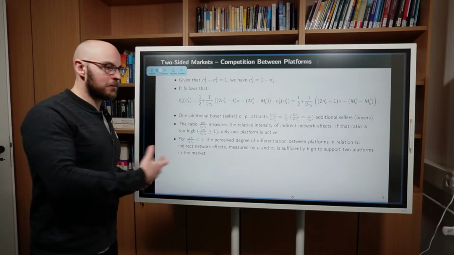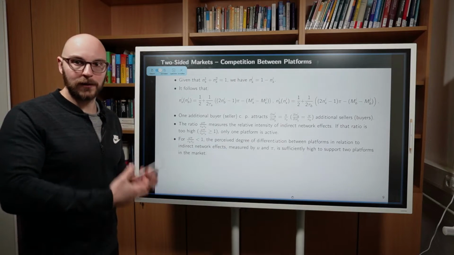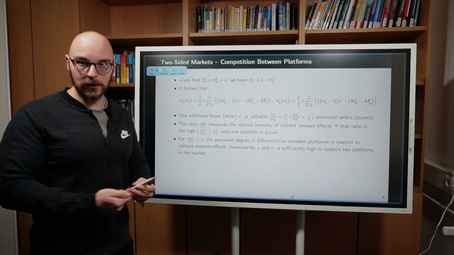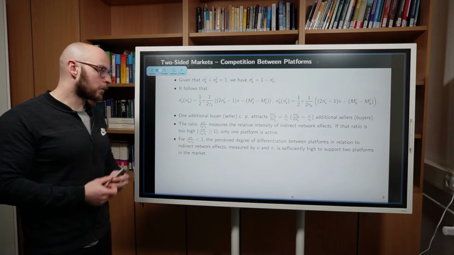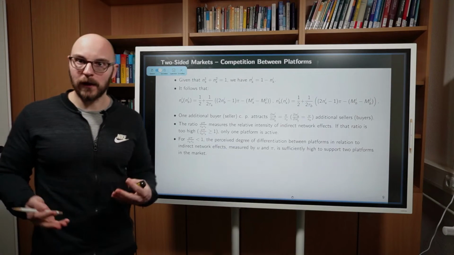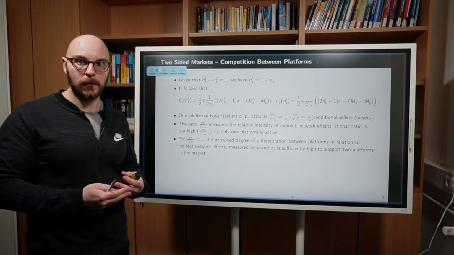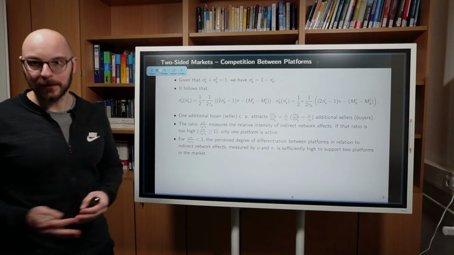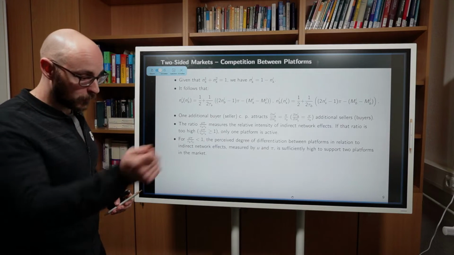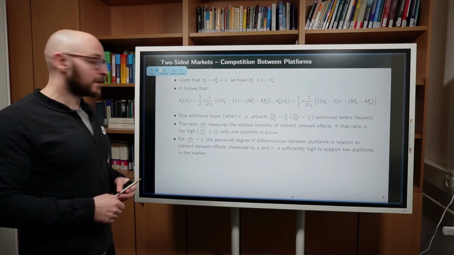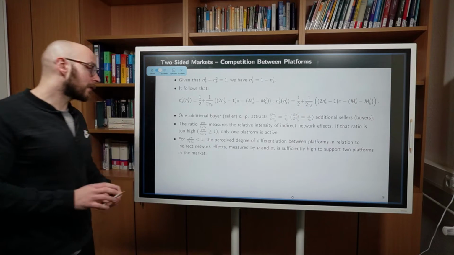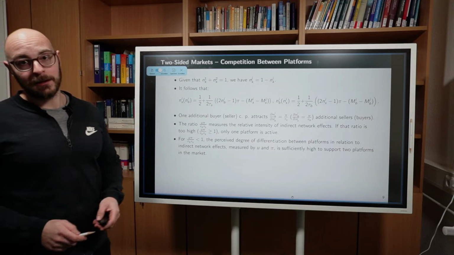And if all persons in a given area are on one social media platform, it makes a lot of sense for advertisers to also be on that platform, right? Okay, so now it gets a little bit more tricky because if all the advertisers are on one platform, it basically is costly for the buyers because you don't want to get a lot of advertising and things get a little difficult, but that's basically the idea here.